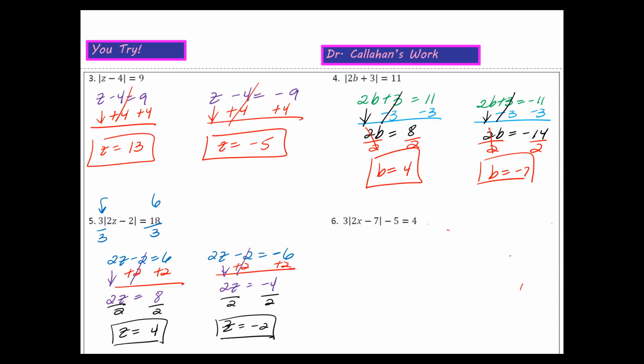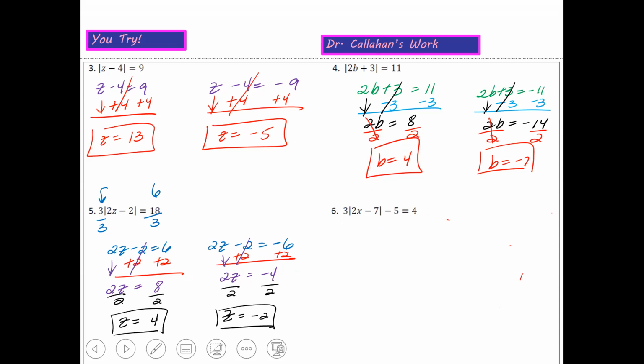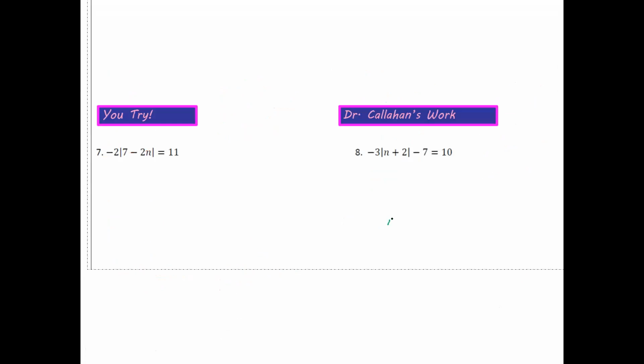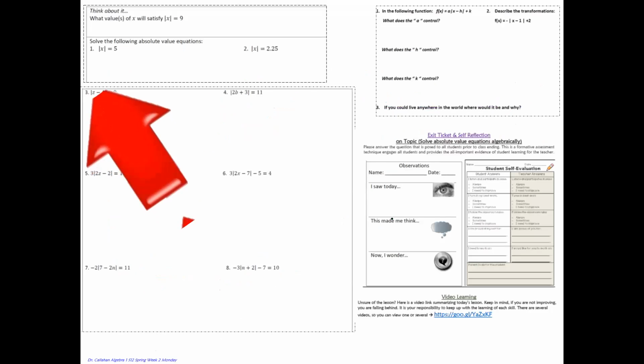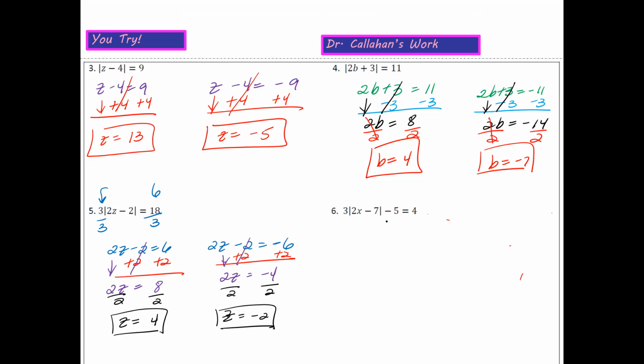All right, let's take a look at number 6, you guys. So first thing to do is we're going to go ahead and add the 5 on both sides. So add the 5, which gives me a 3 times the absolute value of 2x minus 7 equals 9. Next, we're going to divide by the 3 on both sides. Absolute value of 2x minus 7 equals 3.